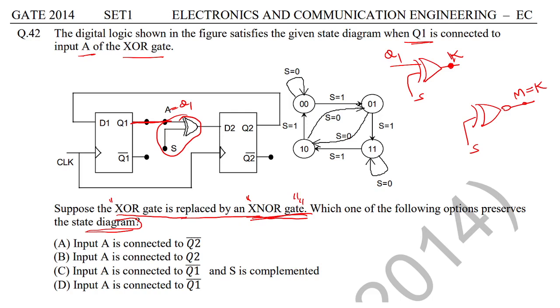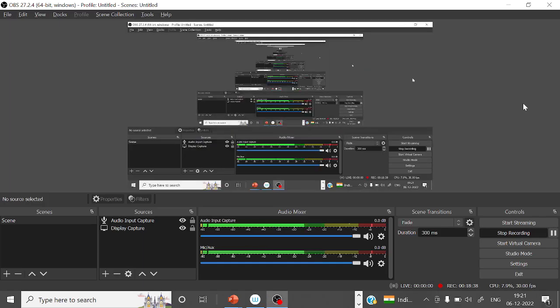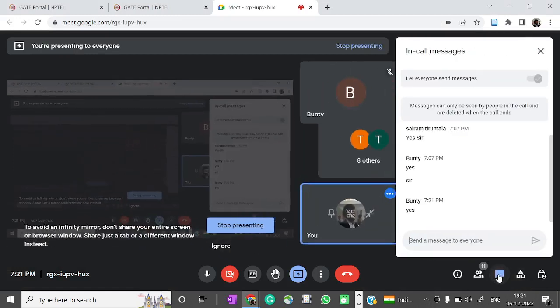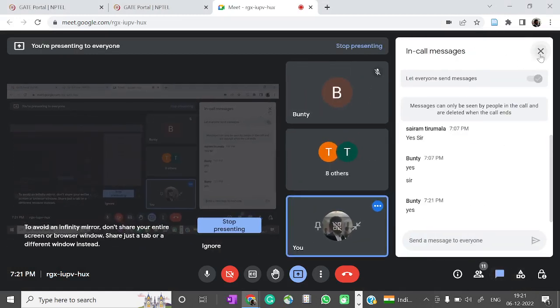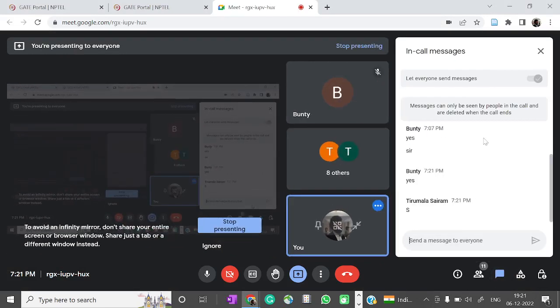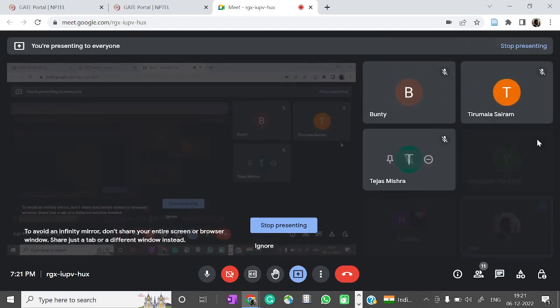Literally, even though you replace it with XNOR, if M is equal to K, then your state diagram will be preserved. You guys understood the logic? Let me know yes or no in your chat box. Okay. All right.